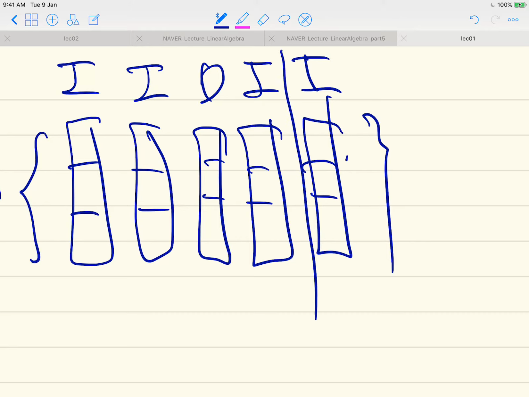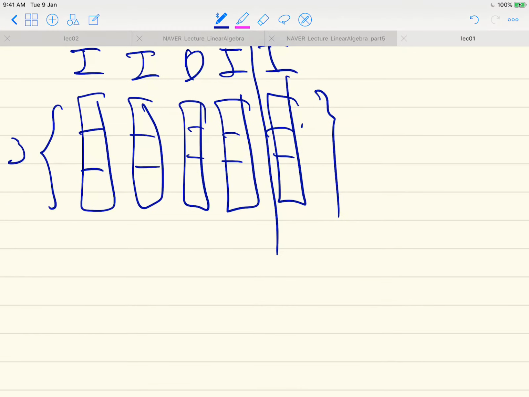So up to this point, the dimension of the column space by just considering the first 4 vectors has already reached the maximum possible dimension of this entire 3-dimensional space, right?